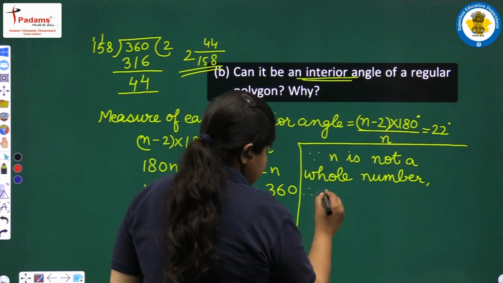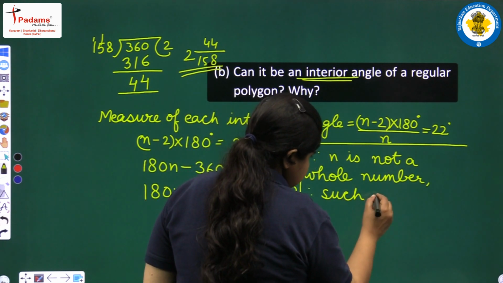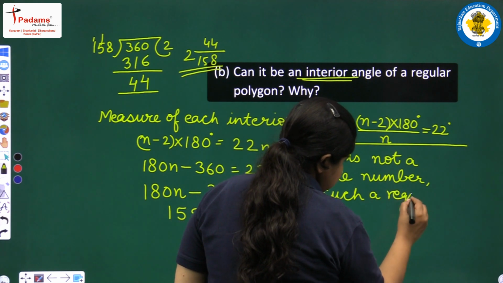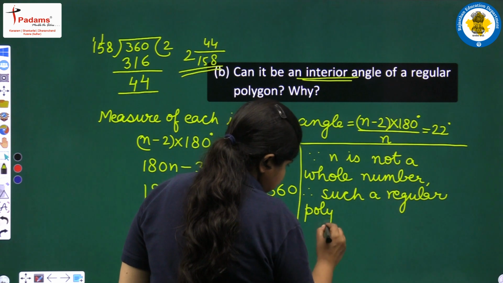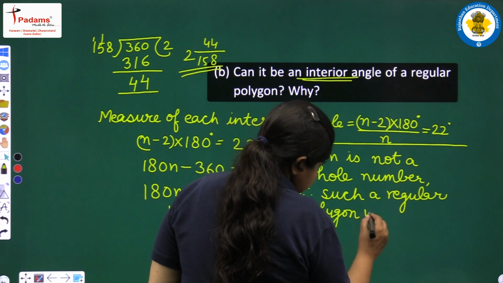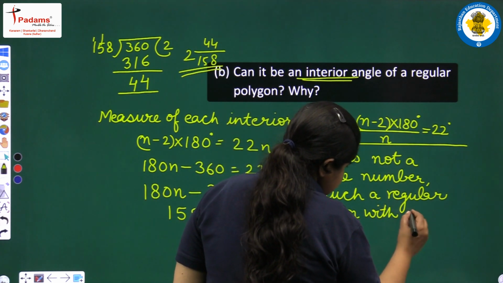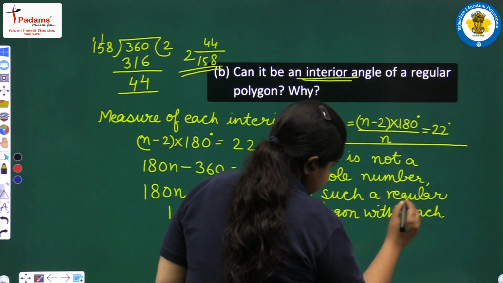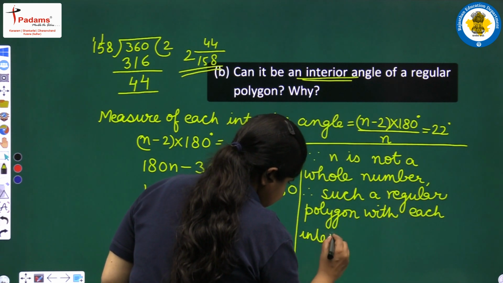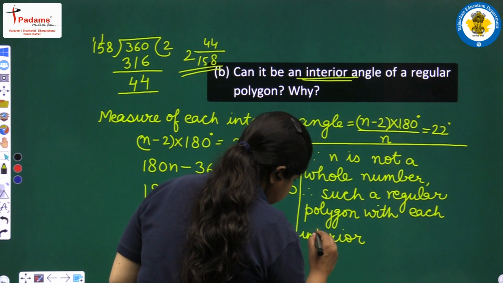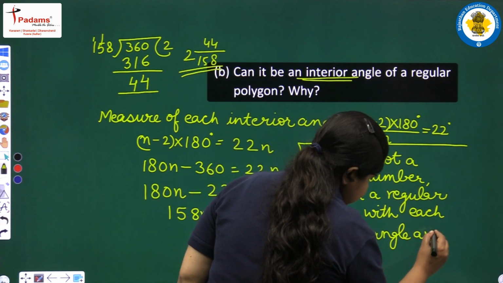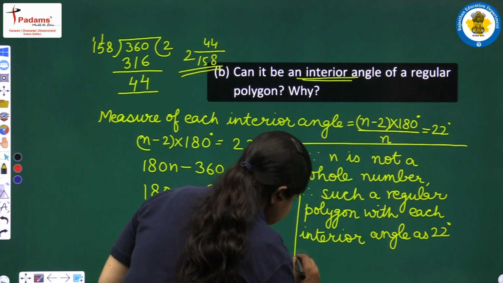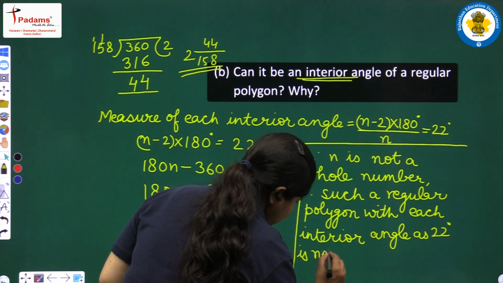Therefore, such a regular polygon with each interior angle as 22 degrees is not possible.